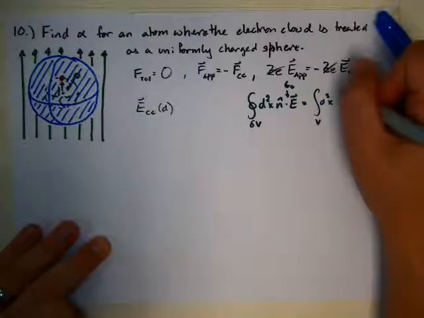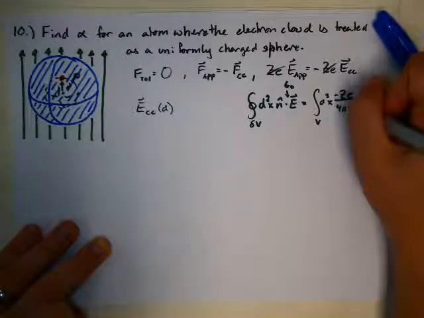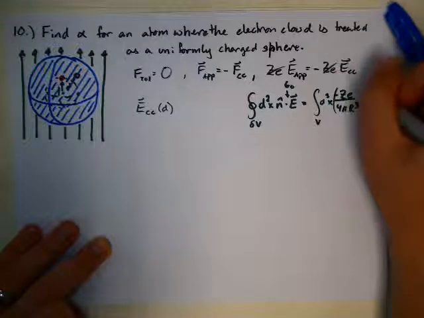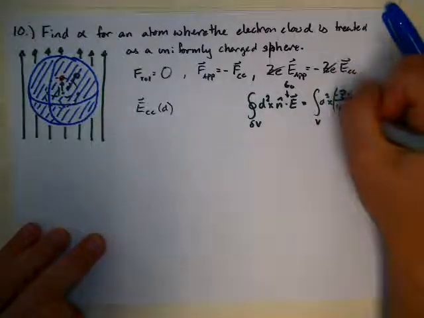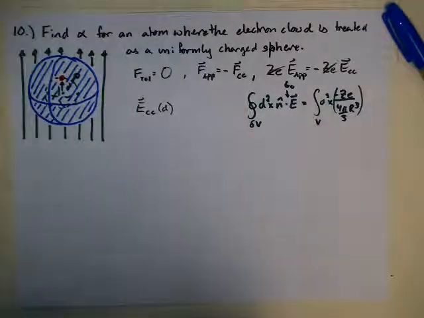What is the charge density? It's minus Ze over 4/3 pi capital R cubed.